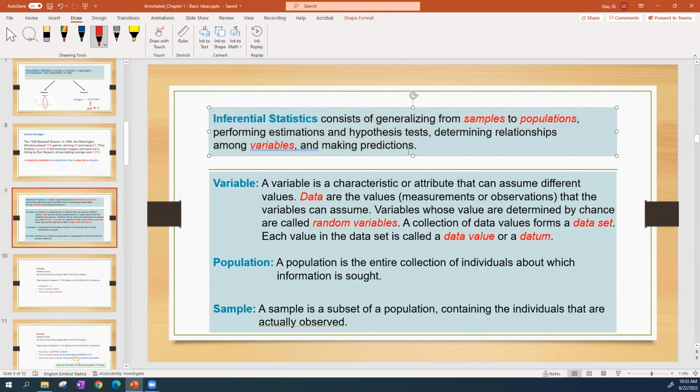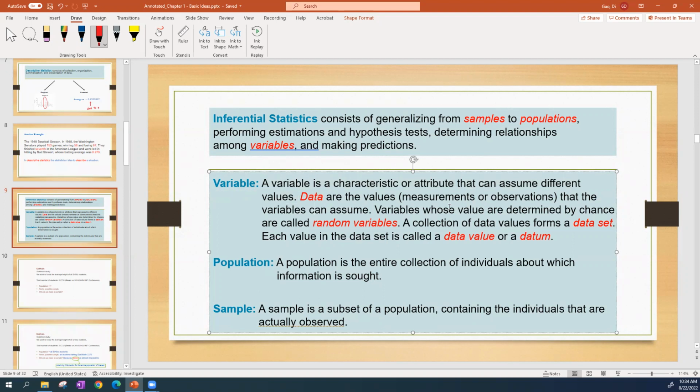Before we look at the details or more examples about inferential statistics, let's look at the definition for those terms. What is a variable? A variable is a characteristic or attribute that can assume different values. Or we can say a variable is something of our interest that can vary.